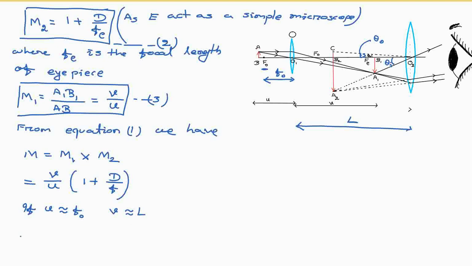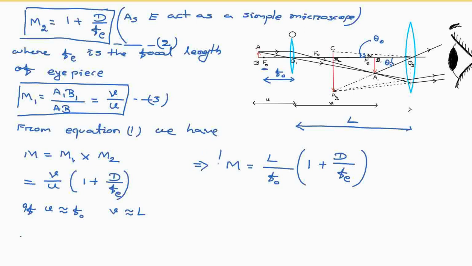So this implies the magnification M is equal to, now let us replace V by the tube length L, which is a constant quantity, and this U by the focal length of the objective. Again it is a constant quantity. So M is equal to L divided by FO into 1 plus D divided by Fe, where Fe is the focal length of eyepiece.